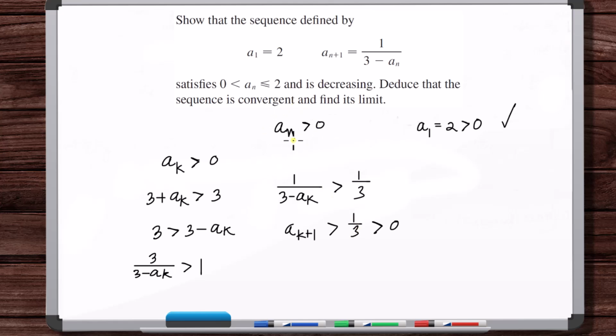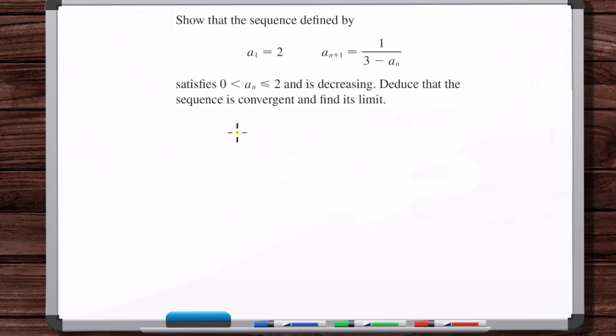So by the monotonic sequence theorem, this sequence is convergent. So with that information, let's find the limit. The limit as n approaches infinity of a sub n plus 1, which is the same as the limit as n approaches infinity of a sub n, which is going to be a number L for sure, is equal to the limit as n approaches infinity of 3 minus a sub n.